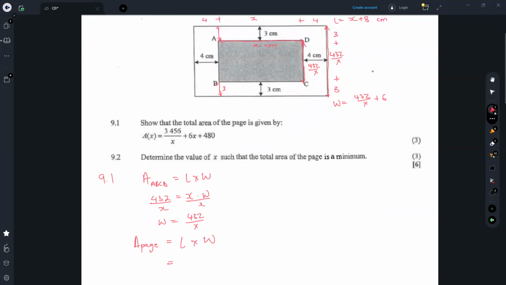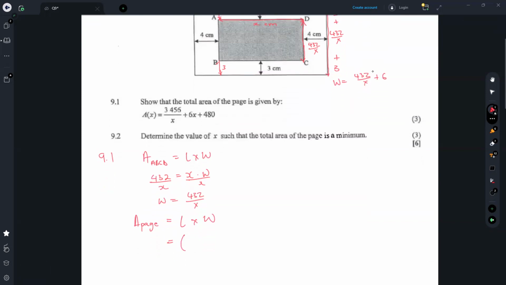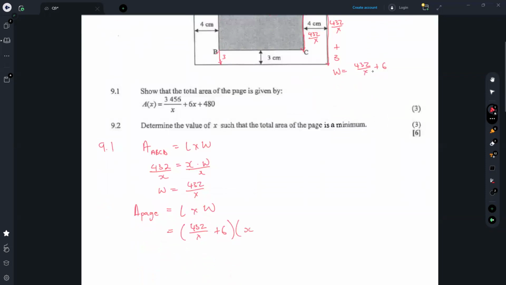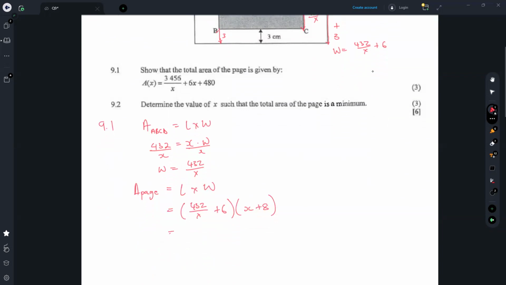So in this case, we're going to have 432 over X plus 6, multiplied by L, which is X plus 8. Now this is just the distribution of the values.